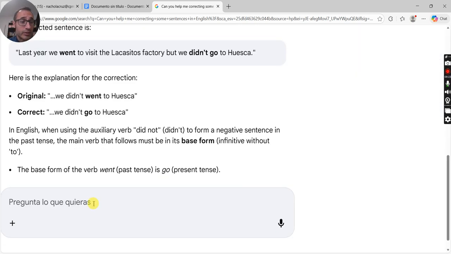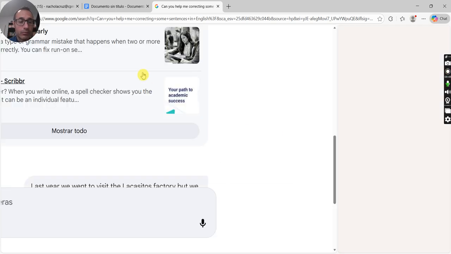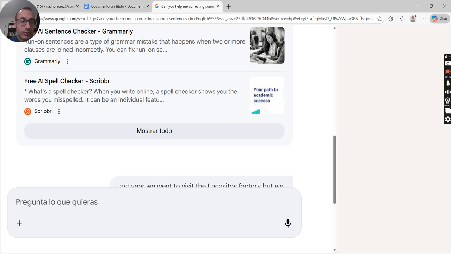Look at this, this is amazing. You wanted to visit, but we didn't go, and it corrects it for you, which is fantastic. Here's the explanation for the correction. Original: we didn't went to Huesca. Correct: we didn't go to Huesca. And here they explain it to you. When using the auxiliary verb did not to form a negative sentence... oh my god, what have I done?